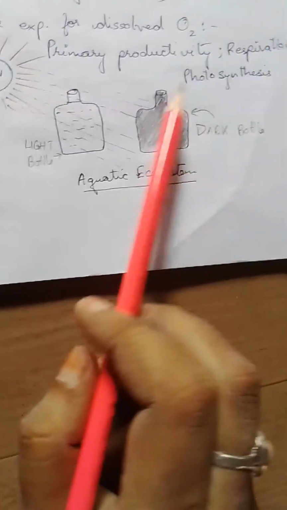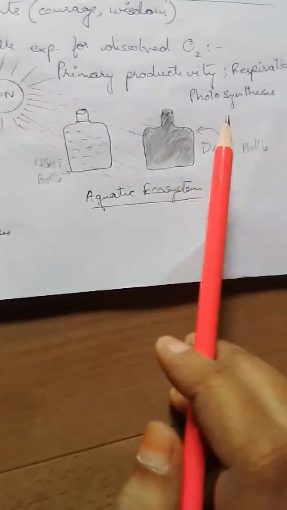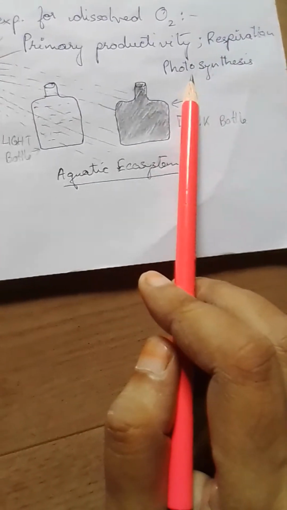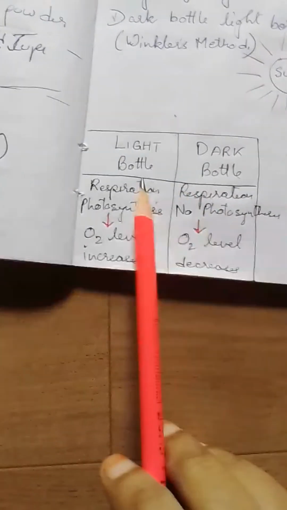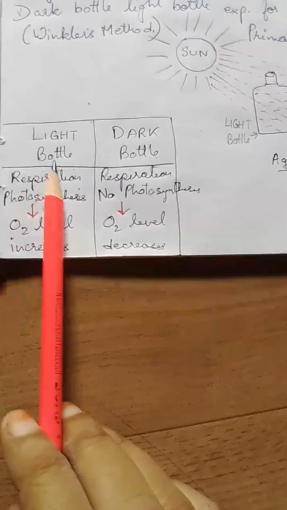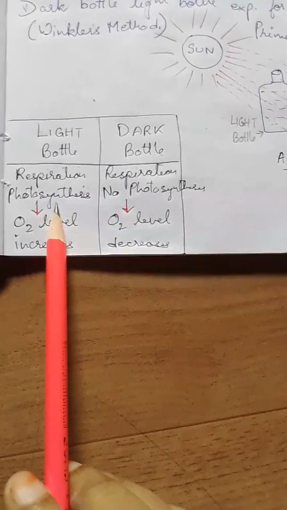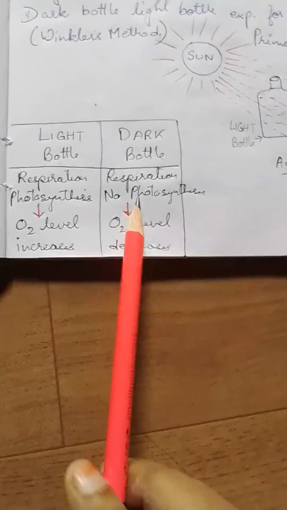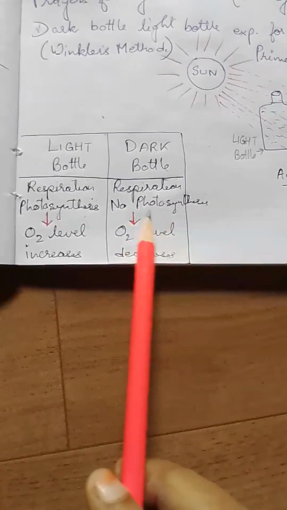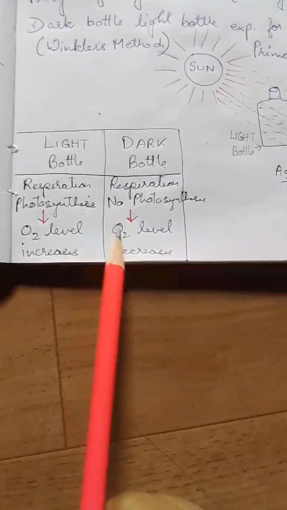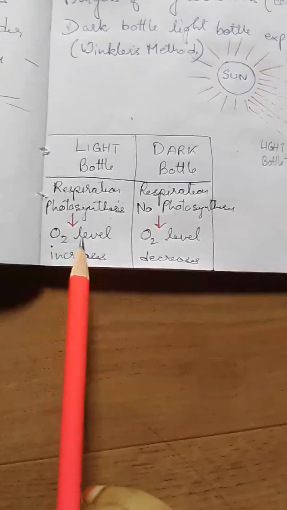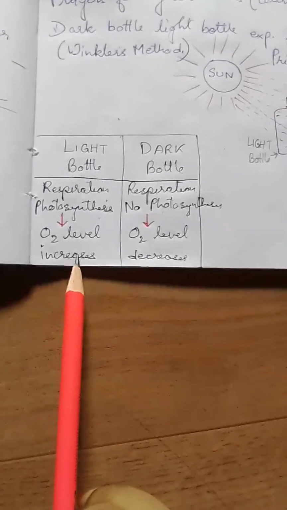So in the aquatic environment, respiration and photosynthesis take place, and that results in certain changes. In the light bottle, respiration and photosynthesis both can take place, while in the dark bottle only respiration can take place and no photosynthesis. So in the dark bottle oxygen level decreases, and in the light bottle oxygen level increases.